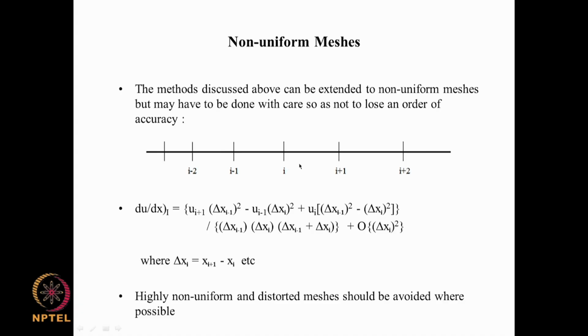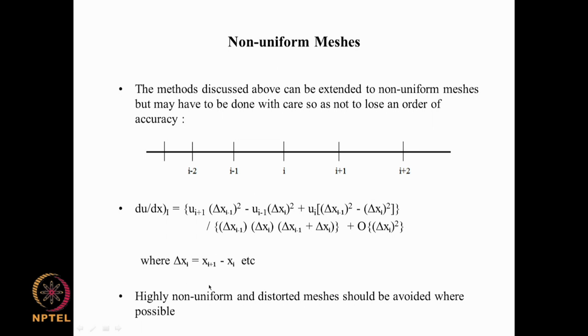So for such a case we can define a delta x, but the delta x is not the same. We can associate the delta x of node i and define it as delta xi equals xi plus 1 minus xi. So delta xi here is this distance. You could also say that it is the average from the midpoint of this to the midpoint of this.